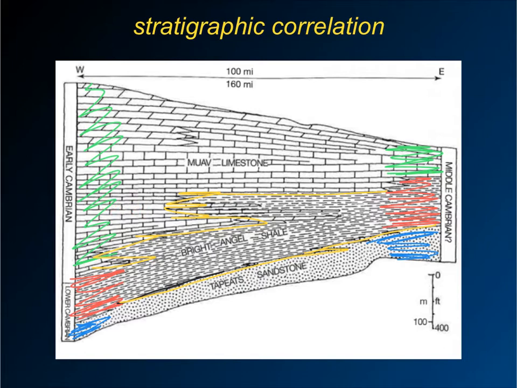Limestone comes in warm, shallow waters. Shale is typically formed in deeper marine waters. So we're going from shallower to deeper as we move to the east back during the Cambrian. There were times when it was all shallow and warm. There were times when they were laterally graded from the limestone into the shale.